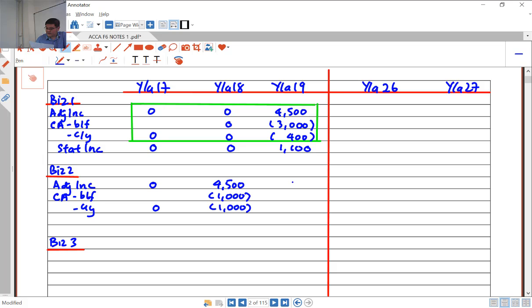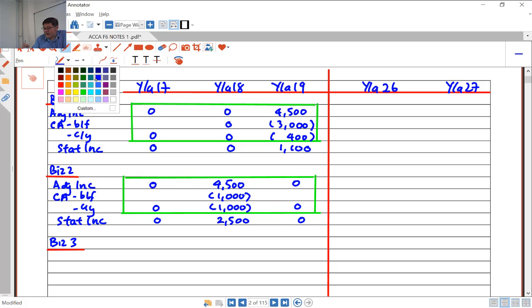Then in the last year, the income is 0. So my loss is 0. I mean, my CA is 0. I can't claim. Okay, so this is what happened to business 2. So the statutory income will be 0, and then 2,005 and 0.